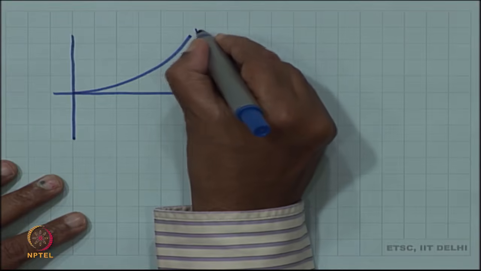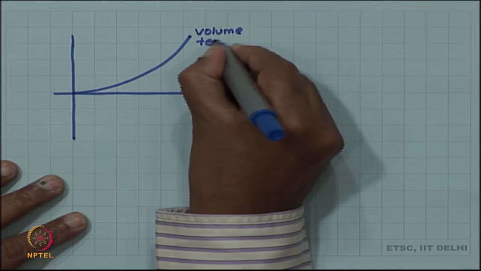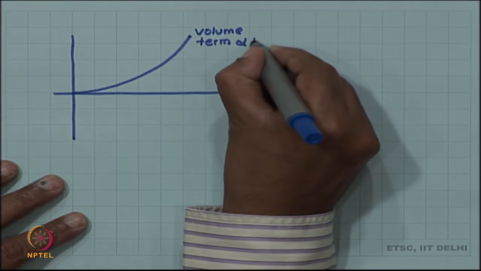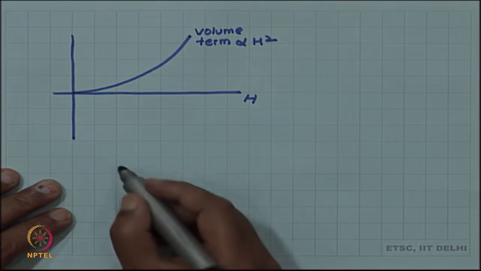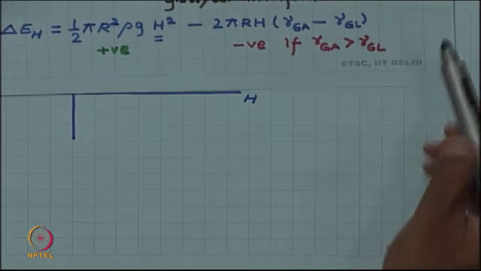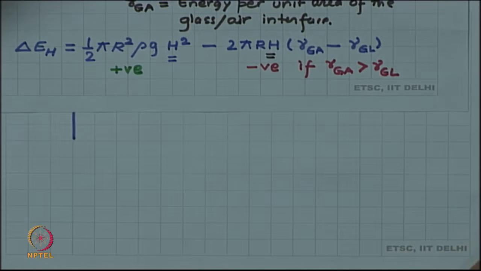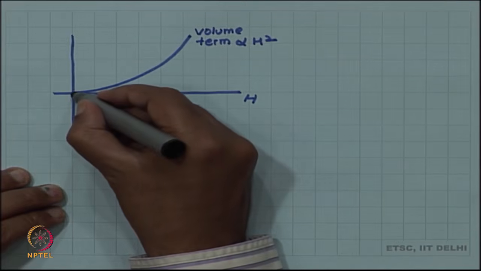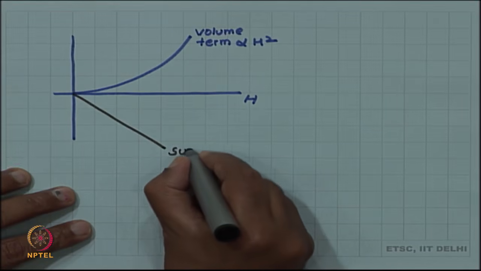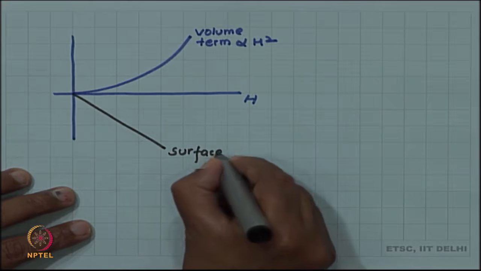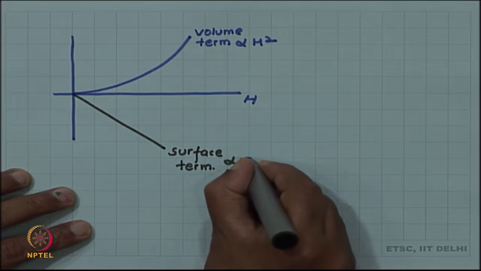So, this depends on the volume. So, let us write this a volume term and is proportional to h square. We also will have a negative term which is proportional to h. So, we have a negative term and this is the surface term, is proportional to h.